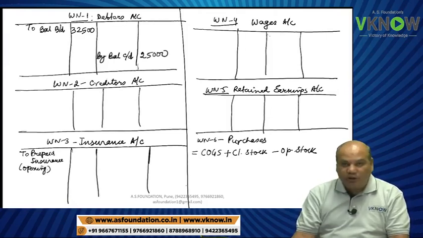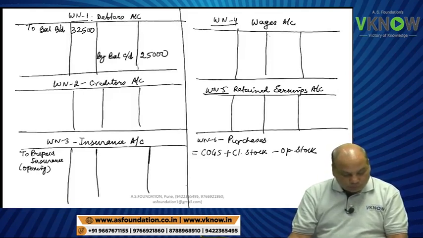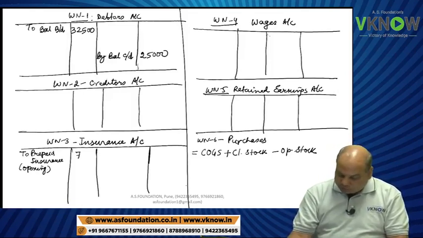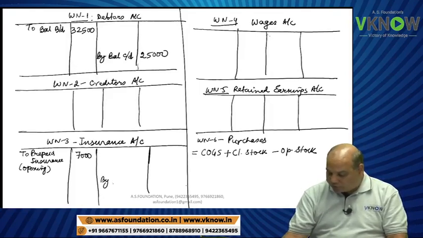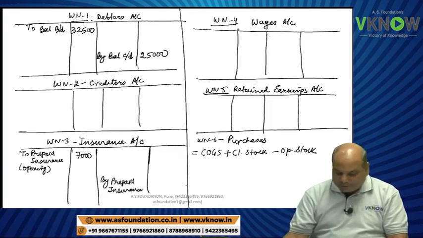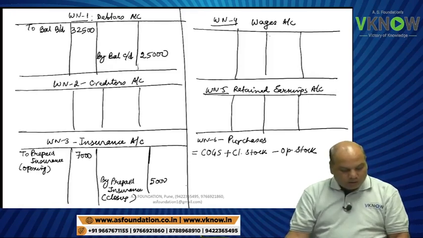This way, the opening prepaid insurance account will close. 7,000, and by prepaid insurance. At the end of the year, we pass the entry prepaid insurance to insurance 5,000. This is closing.